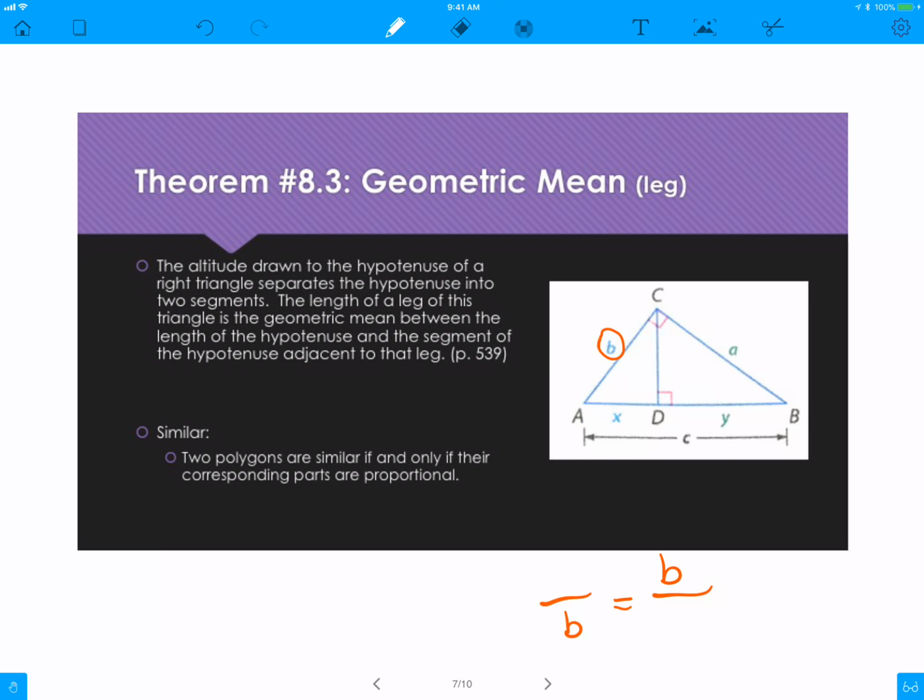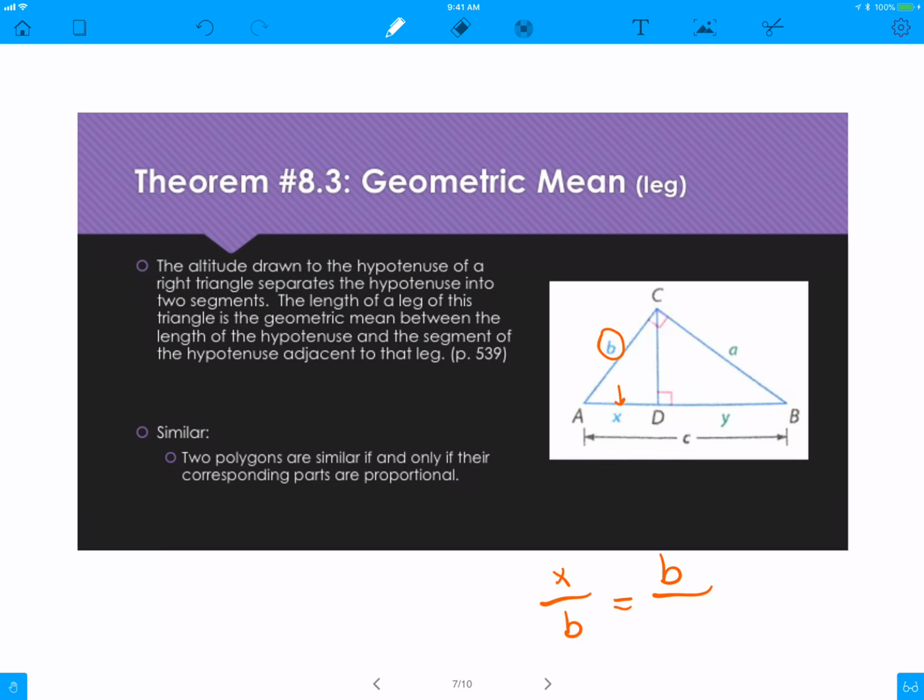Now, what this theorem is saying is that the other 2 parts, because it's a proportion, right? There has to be 4 terms written in this because it's 2 ratios, 2 fractions set equal to each other. What this one is saying, if you read the words, you have to pick the part of the hypotenuse that's closest to the leg. So which letter on the bottom, X or Y, is closest to the letter B? X. Okay, so let me get rid of that one.